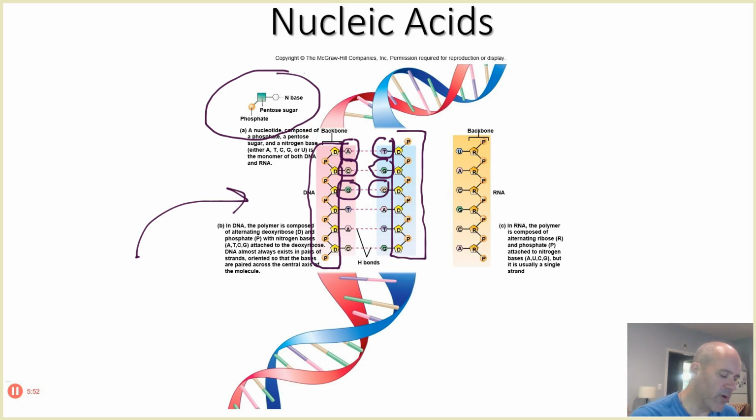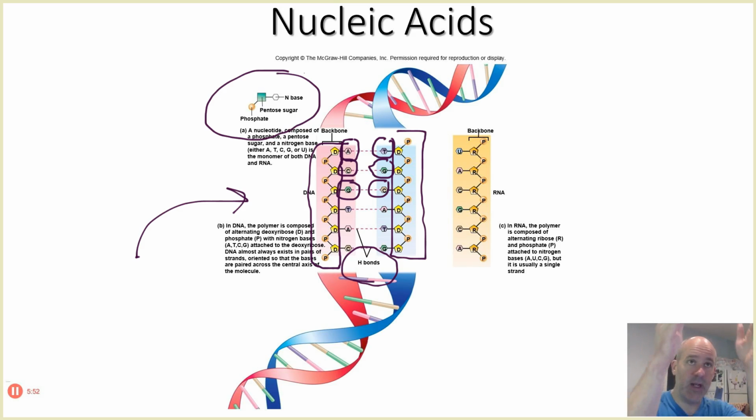And the reason those are attracted to each other is A's can share hydrogens with T's. G's have hydrogens in them that can be shared with C's. That means those hydrogens kind of float back and forth between those nitrogen-containing bases. And that's a type of chemical bonding that's not as strong as covalent bonding, but it's strong enough to help hold these DNA chains or strands together.